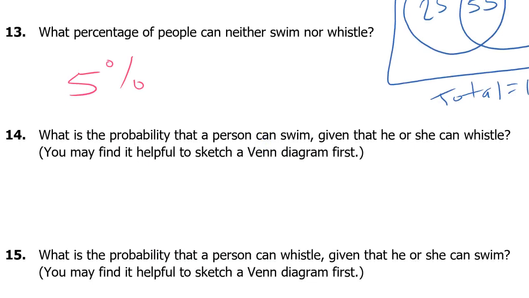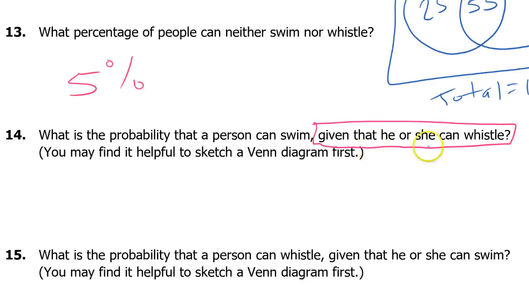What is the probability that a person can swim given that he or she can whistle? These problems are fun to me because I like to shrink the universe. When you're given something, that given information shrinks down the universe to just that statement.